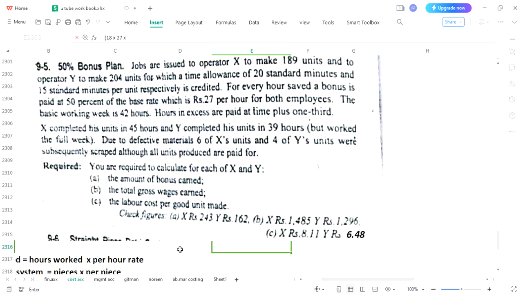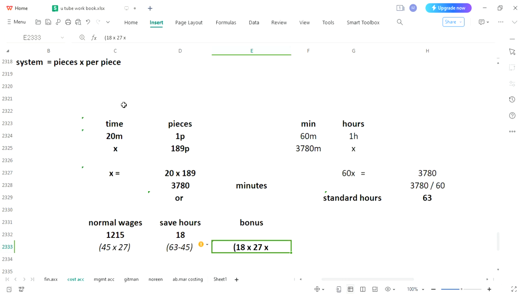Rather, it says for every hour saved, bonus is paid at 50%. So here you will be paying only 50%. Hopefully, according to the statement, you have understood what we are going to do.